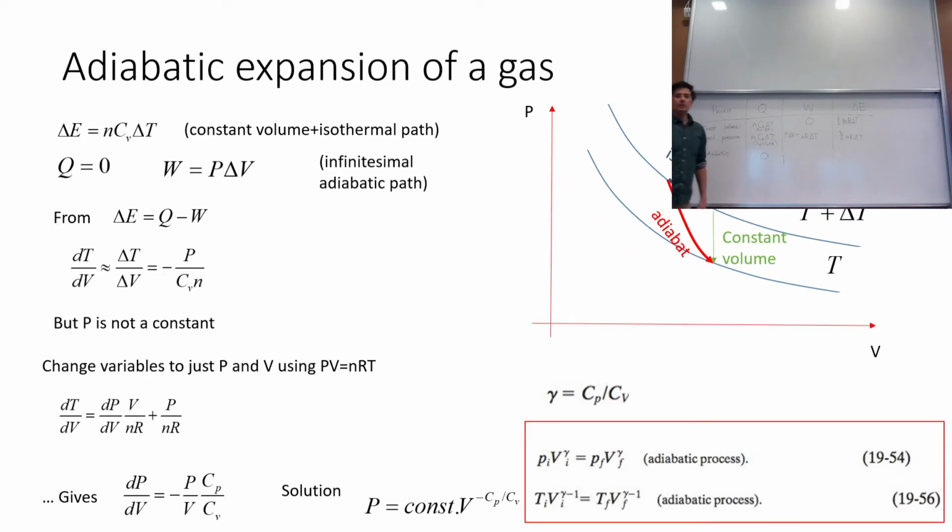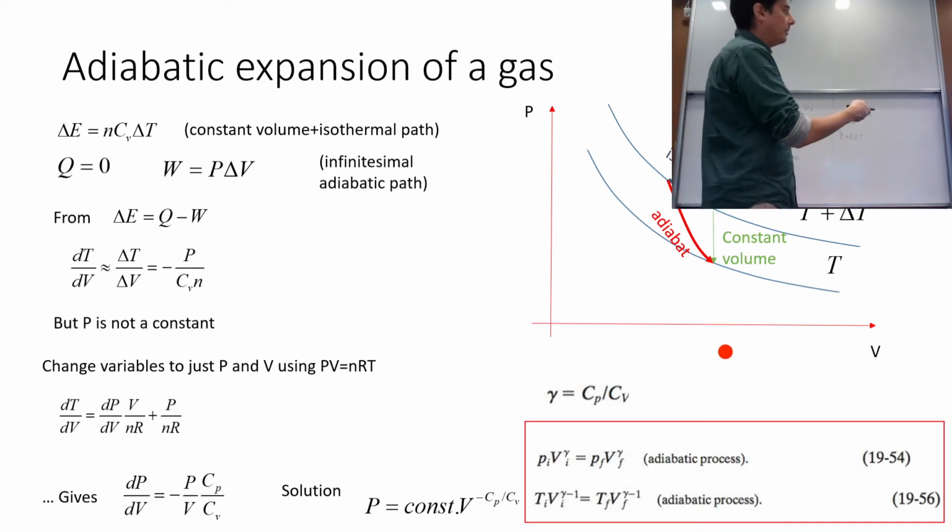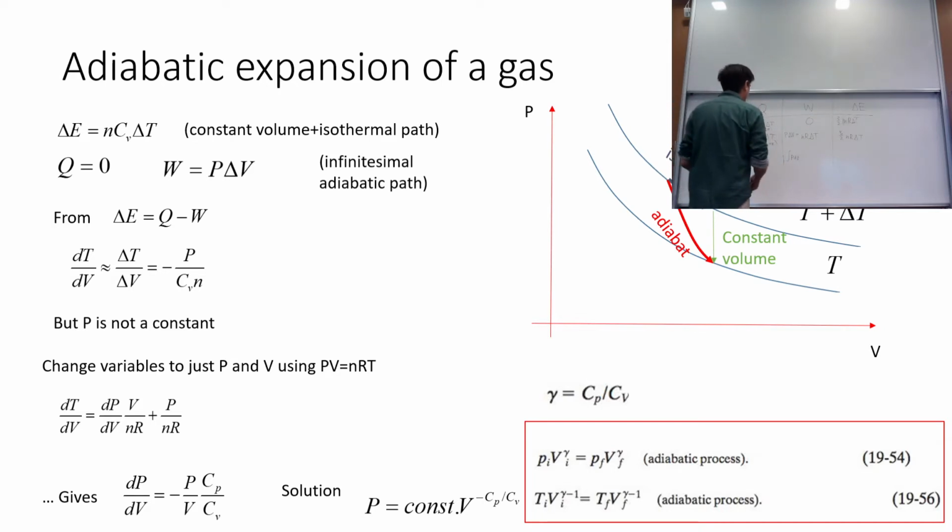I didn't derive this in the slides, but we can work out the work, because the work is the integral of P dV, right? In an adiabatic process, this is the shape that it follows, and the work is basically the area under this curve. So we just want to integrate the area under the curve. And actually we can do that.